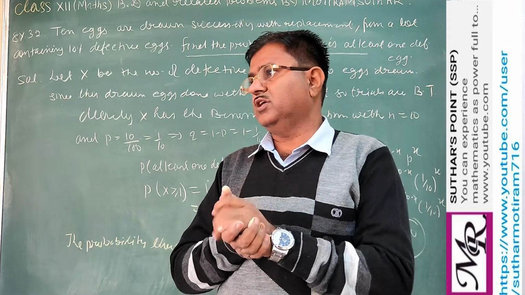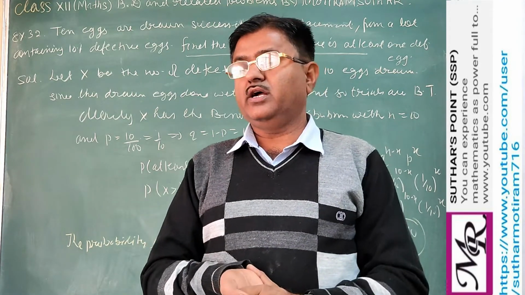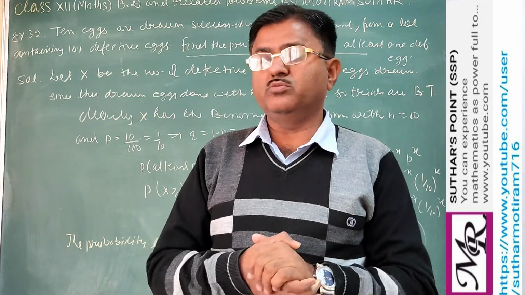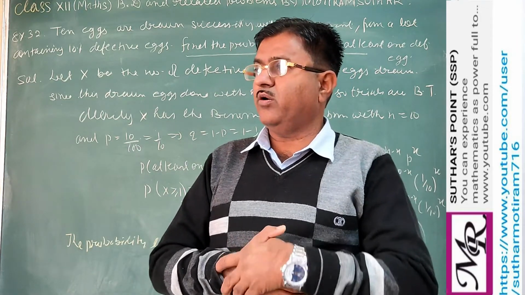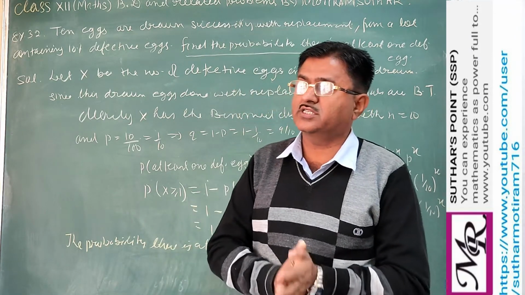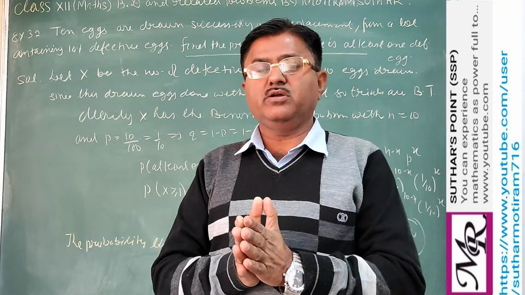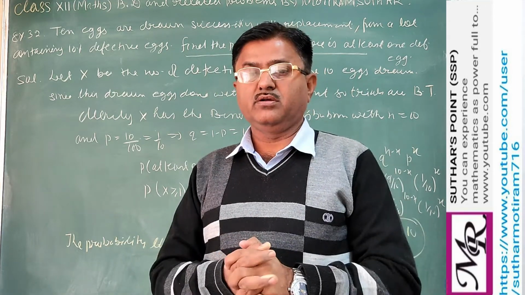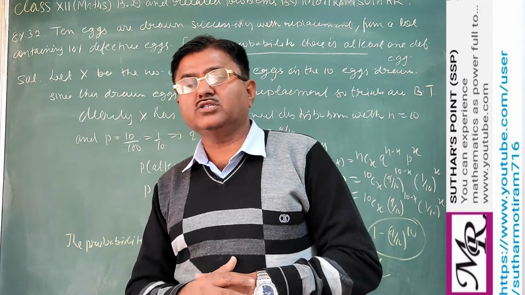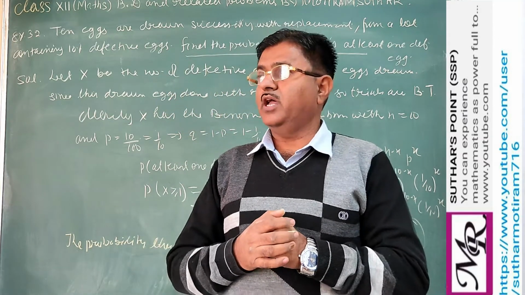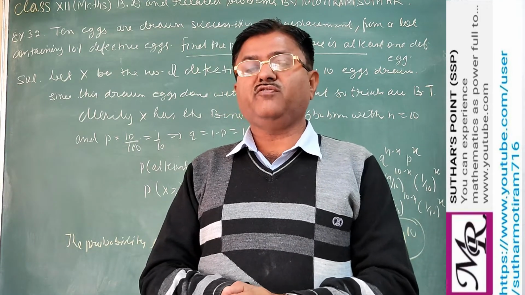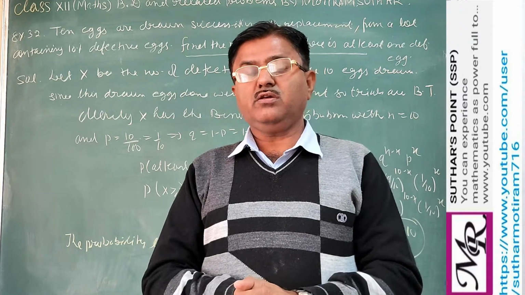There are 2 or 3 things you have to check: the events are independent, the total number of trials should be finite, and the probability of success in each case is the same, which may be stated as with replacement. Whenever you are taking the case of with replacement, that will follow this, but again you have to see the number of trials should be finite, meaning n is finite.